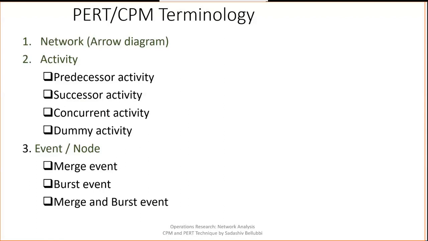A network, or arrow diagram, is a graphical representation of logically sequenced activities, shown as arrows, connecting the events, shown as nodes.